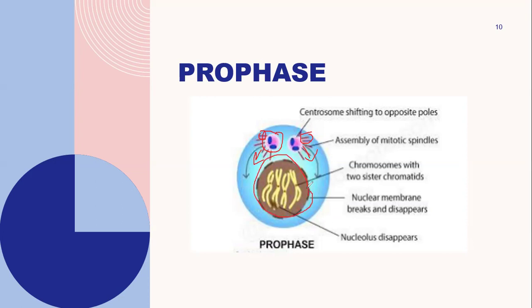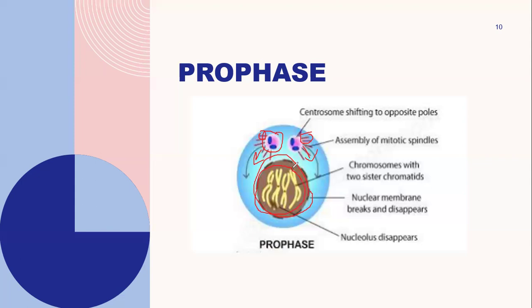If the membrane around the nucleus disappears, it means that the chromosomes are now free to move within the cell. Remember, I said the chromosomes are contained within the nucleus. So if the nuclear membrane breaks down, it allows the chromosomes to freely move in the cell. Then you also note that during prophase, chromosomes are going to become more visible. When a cell is not undergoing cell division, the chromosomes are not visible, okay?